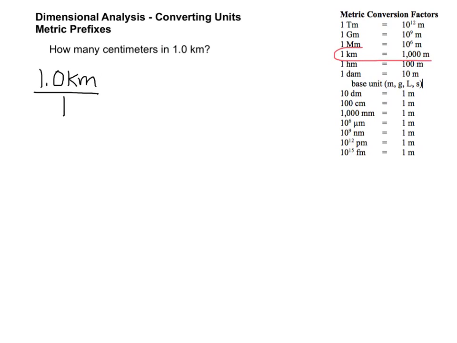That's this conversion factor. Now once we've identified the conversion factor, we get to choose which part of it we place on the top and which part of it we place on the bottom. Now in this case, we want to cancel kilometers. So we're going to place 1 kilometer in the denominator and 1,000 meters in the numerator in our next step.